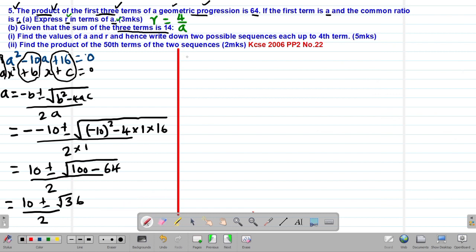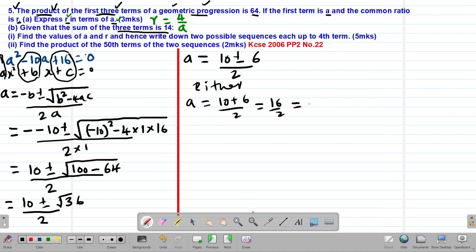So we'll end up with the value of a being equal to positive 10 plus or minus the root of 36, of course, is positive 6, then divided by 2. So this one means either a is equals to 10 plus 6 divided by 2, which will give us 16 divided by 2, which is equals to 8, or the a can also be given by the following.